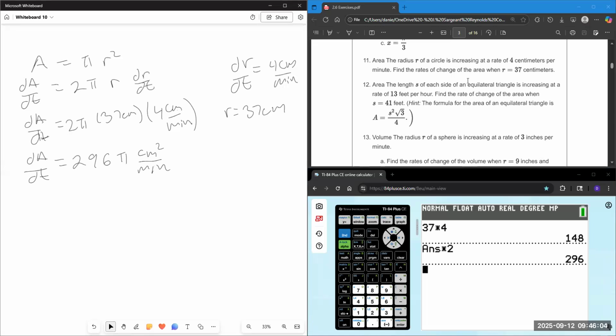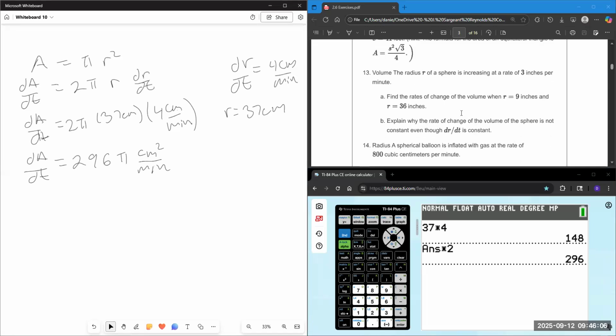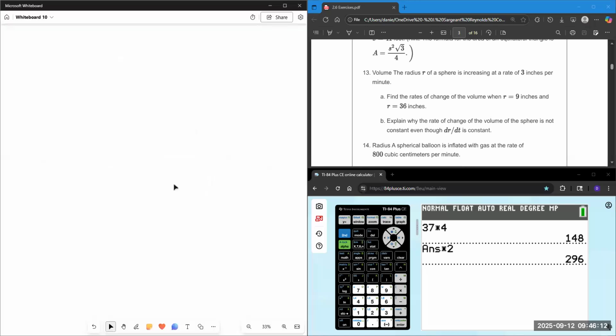Moving on to number 13, for volume. Thirteen says that the radius of a sphere is increasing at a rate of 3 inches per minute.